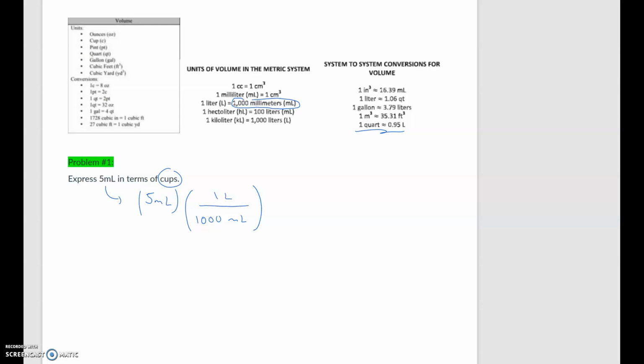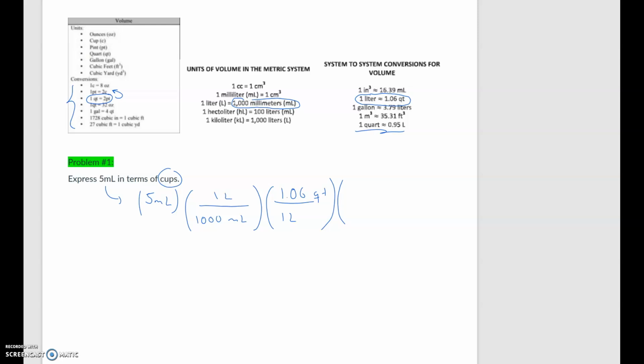And then from here, we could use the fact that 1 liter is 1.06 quarts. Now from quarts, we're looking at these measurements here. We could go to pints, and then to cups.